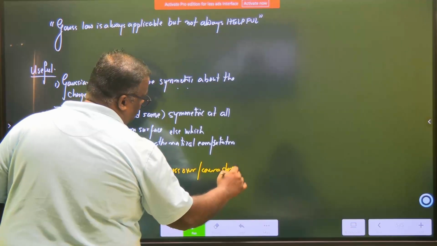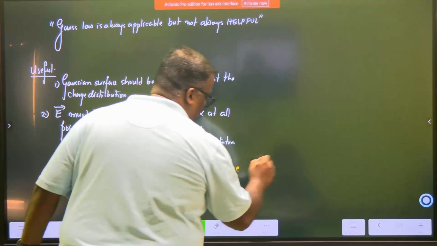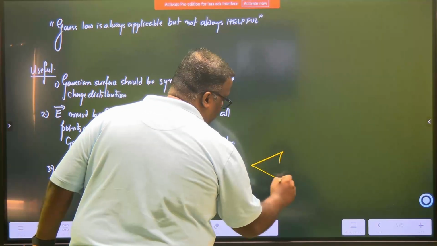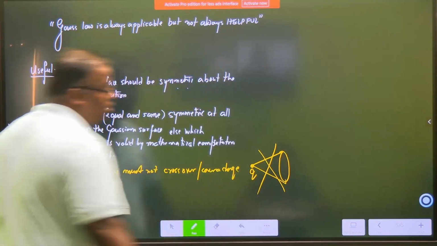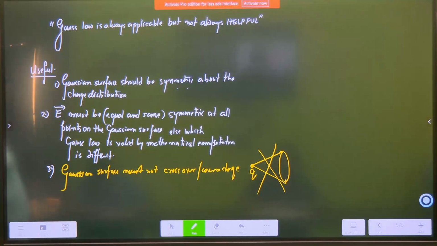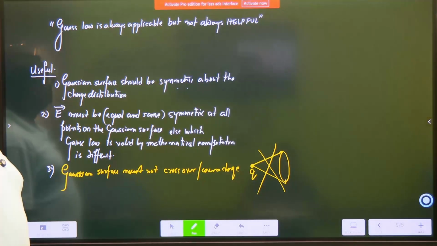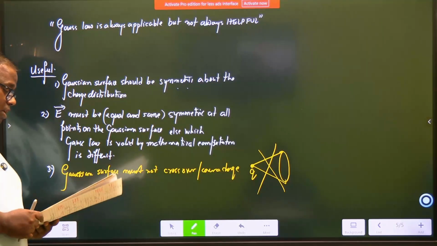Something like this. Let's say you have a Gaussian surface here, this is a cone, and you have a charge out here, this is not allowed. The Gaussian surface cannot cross over or cover any charge. Your idea is that the Gaussian surface should always enclose the charge. It should not cover all this thing.